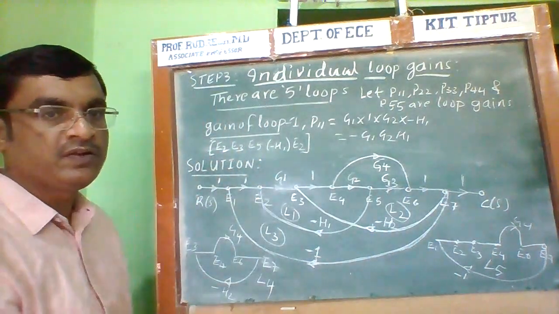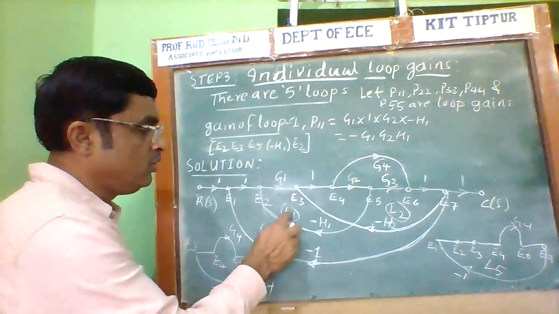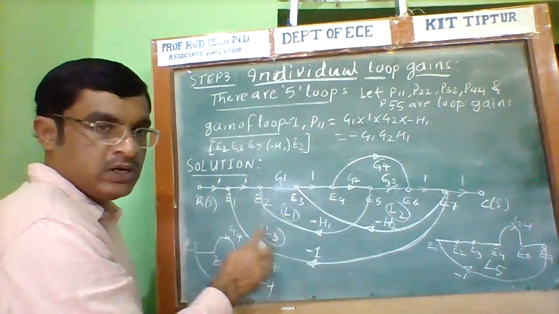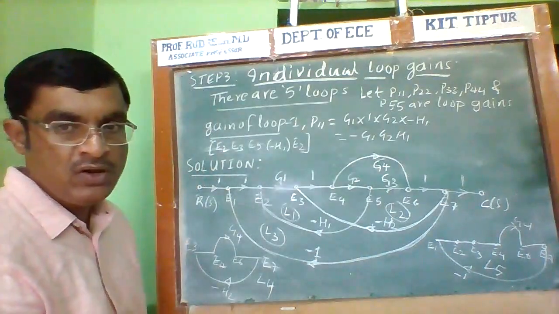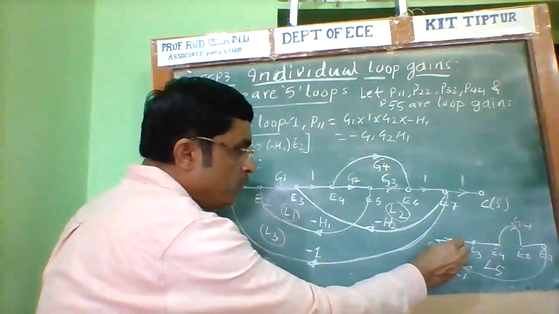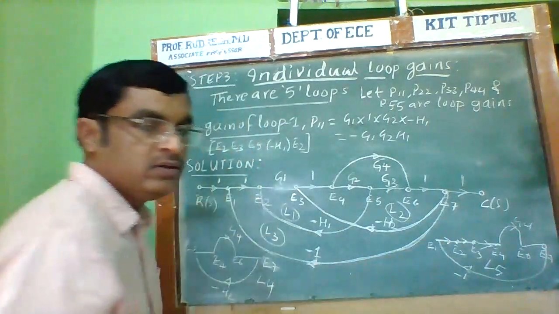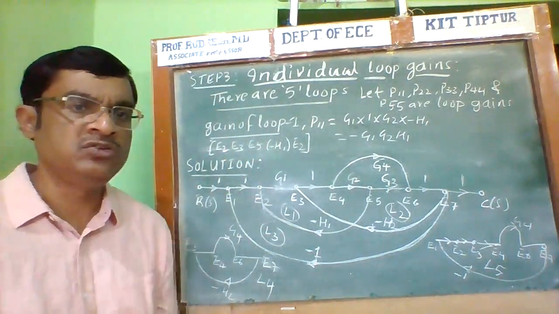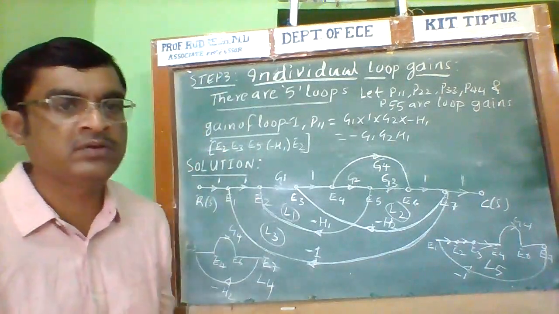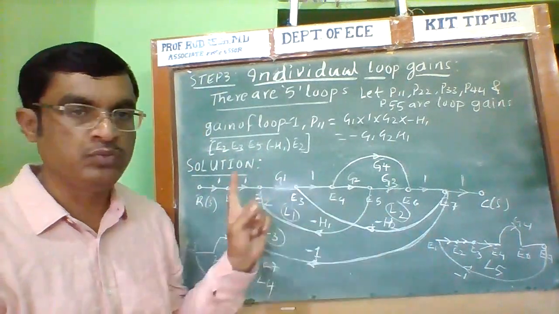This is the first loop, second loop, third loop, fourth one, and fifth one. These are the loops because a loop is a closed path, starting and ending at the same node.